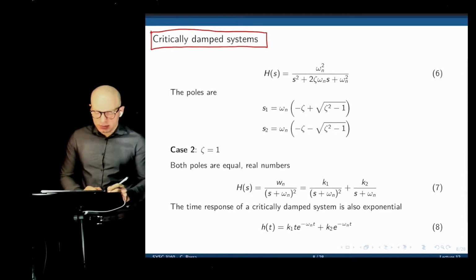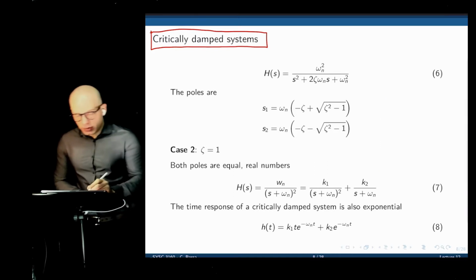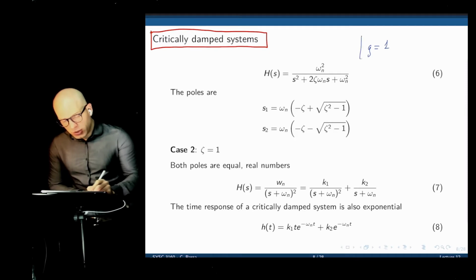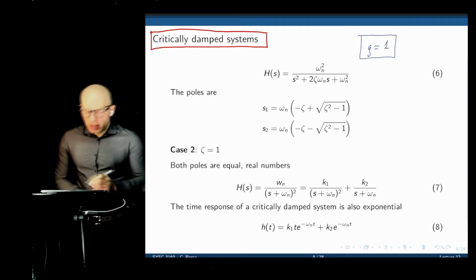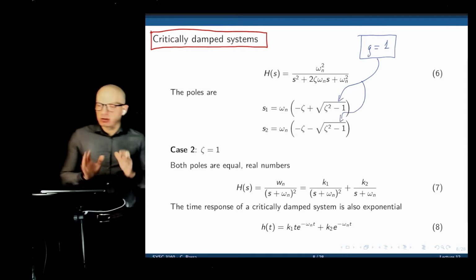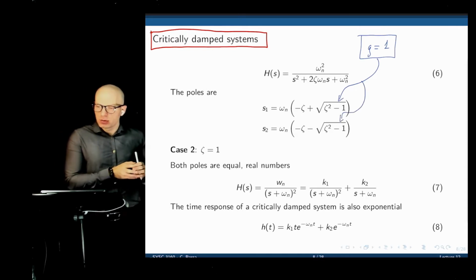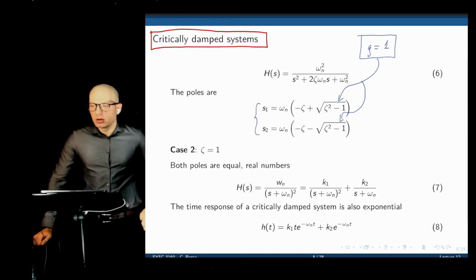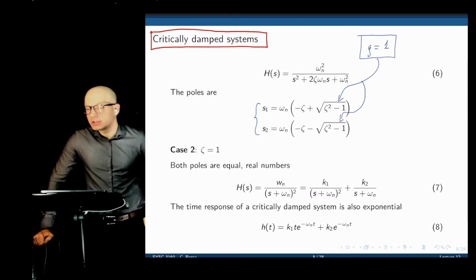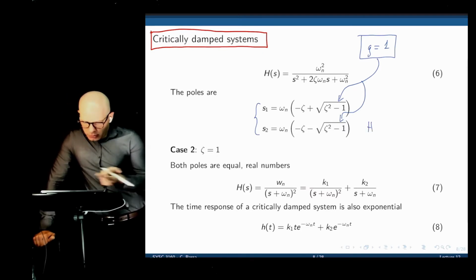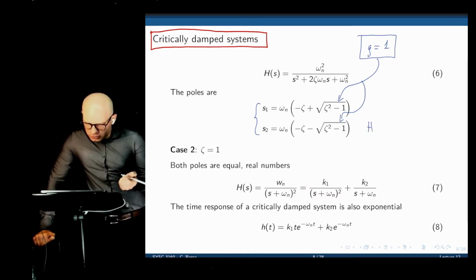In a critically damped system, we reach the condition when zeta is exactly 1. The damping ratio is exactly 1. And when now we put zeta equals 1 here and here, you see that this part of the square root is 0. And we are left with two identical roots. This means that we can now write the transfer function as, and the roots are omega n squared, right?